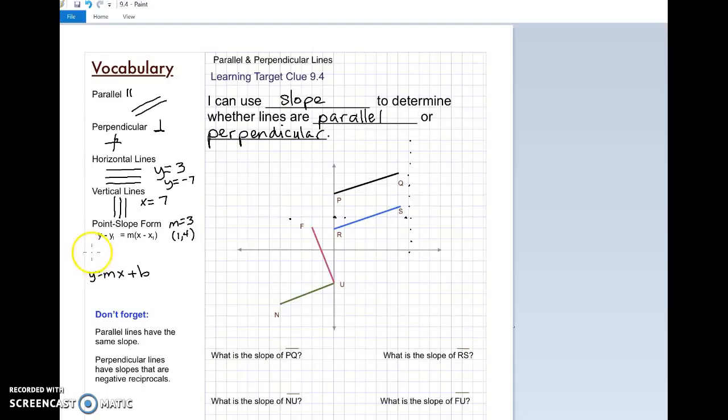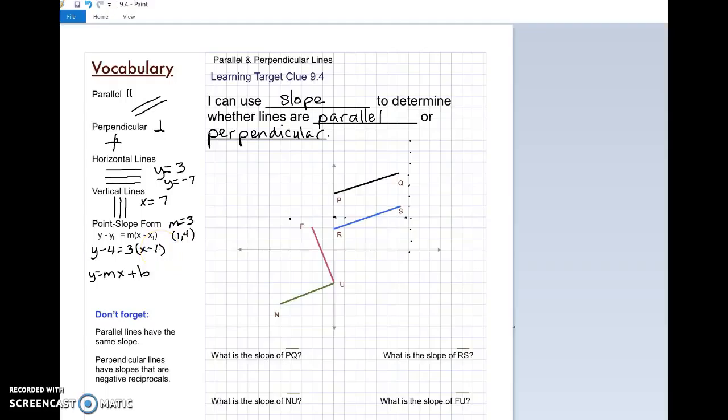I can say y minus the y1 value, which is the y value of my point, so y minus 4 equals m, which is 3, times x minus the x value of my point, x sub 1.